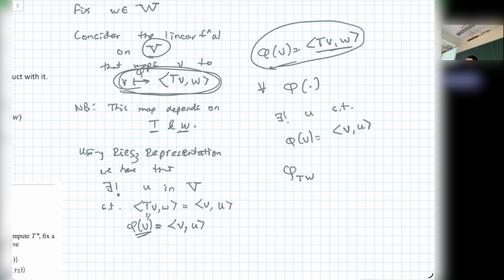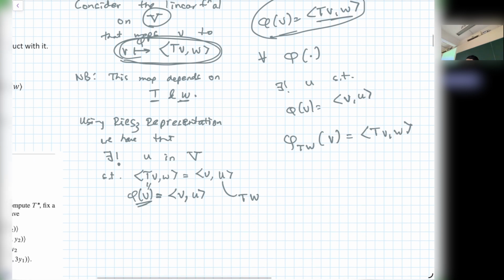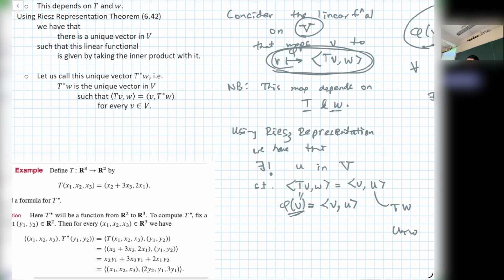When you apply it to V, you get TV comma W. So the vector U will also depend on T and W because it depends on the map. This is making sense? If I give you a map, you can find the corresponding vector. Whatever the map depends on, the vector will also depend on that. Not saying anything very deep. So this vector U is going to depend on T and W. All right, let's see what else it says.